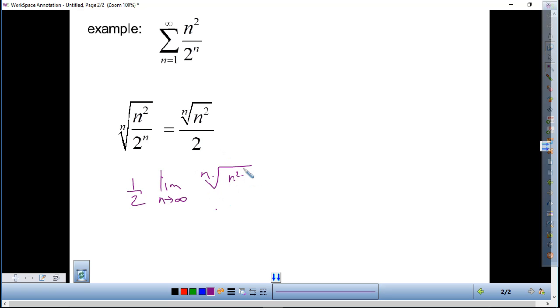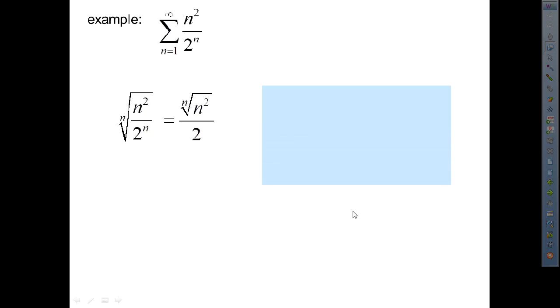That makes it easier to deal with our limit. So we can deal only with this part and then come back and multiply that by 1/2 to find out what the limit actually is. So the limit as n approaches infinity of the nth root of n squared is the same thing as the limit of n to the nth root of n, quantity squared.